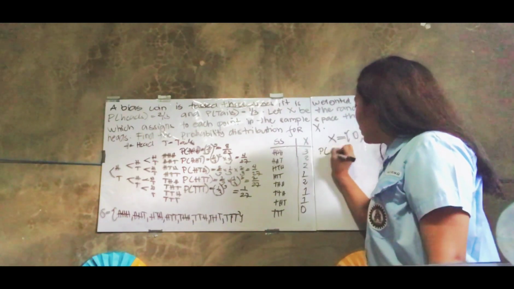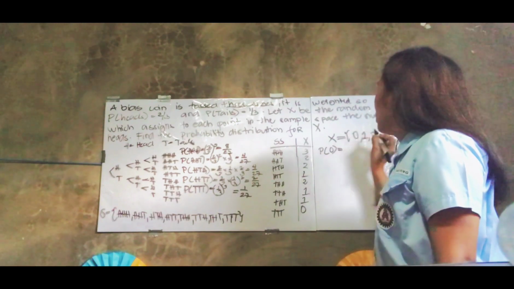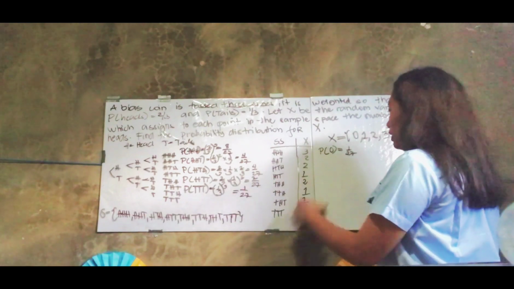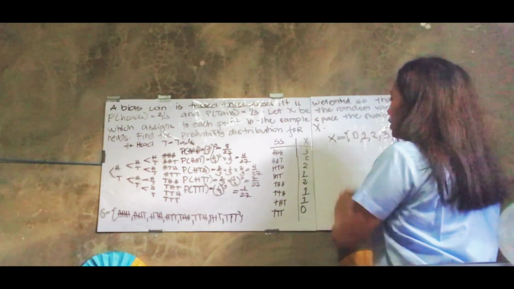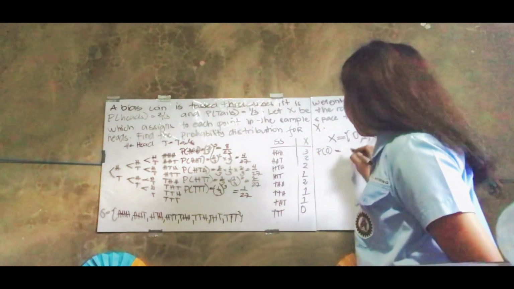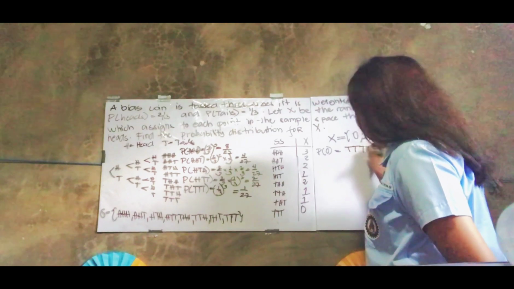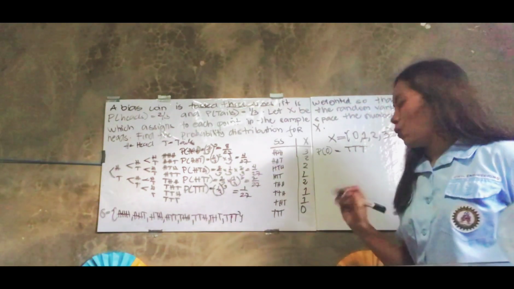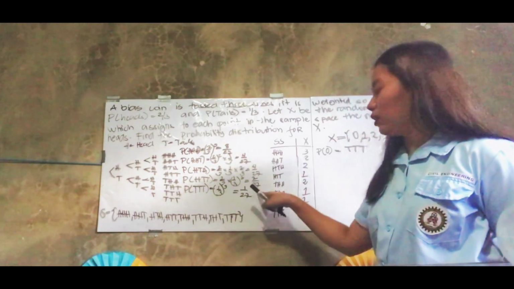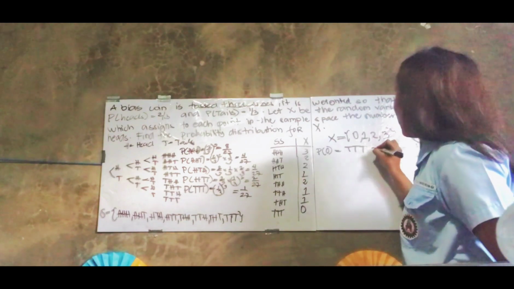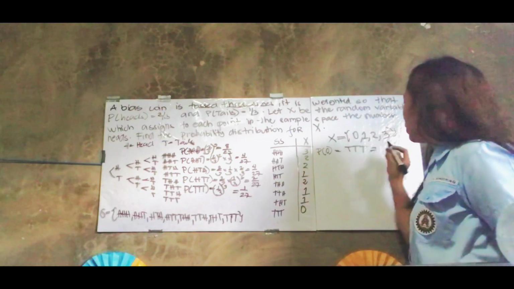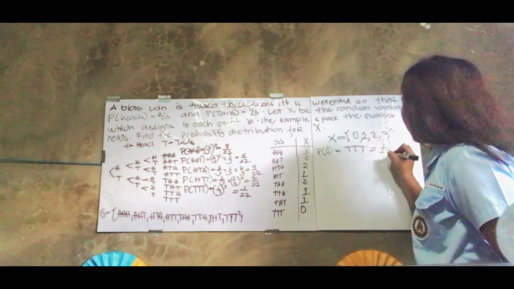So, probability of 0 is equal to TTT, which is 1 over 27.